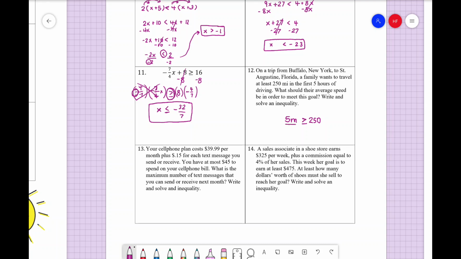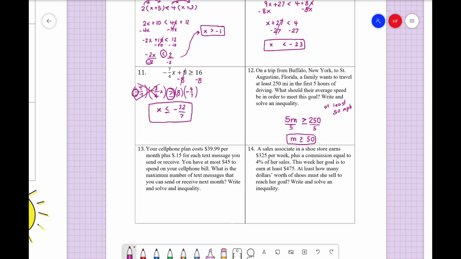And then it says to solve it, so divide by 5. And I get that my speed has to be at least 50 miles per hour. So they need to travel at least 50 miles per hour in order to drive 250 miles in their first 5 hours of driving.